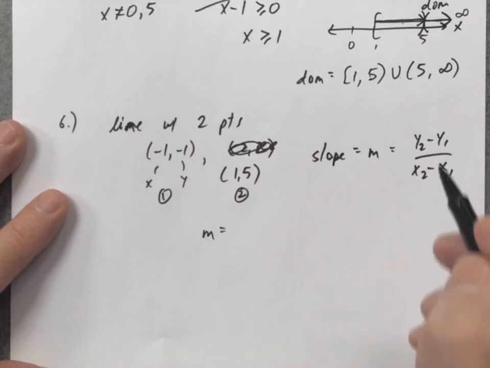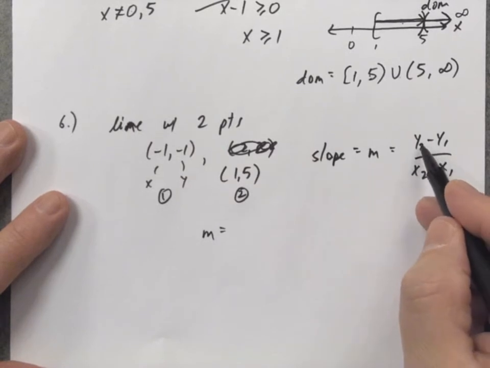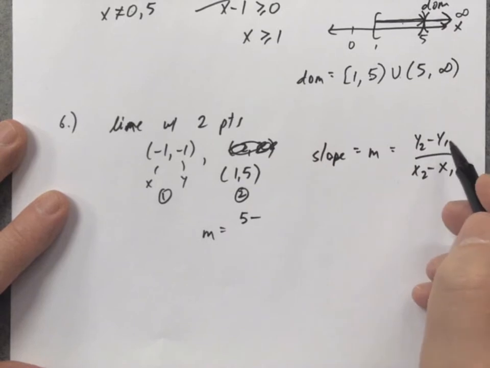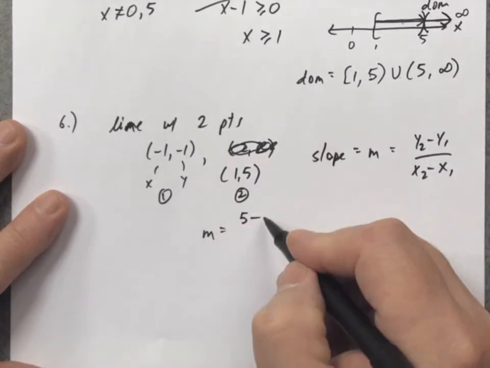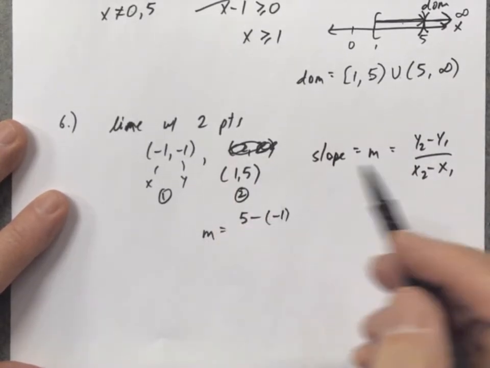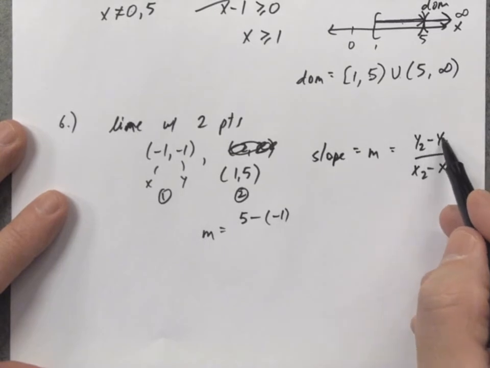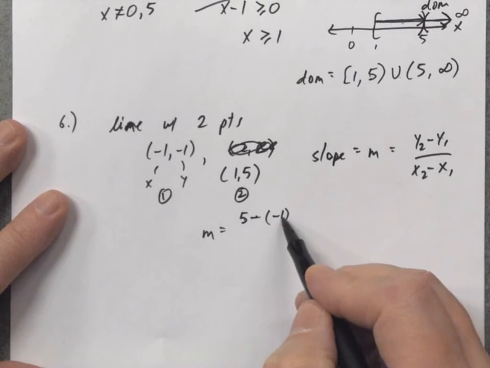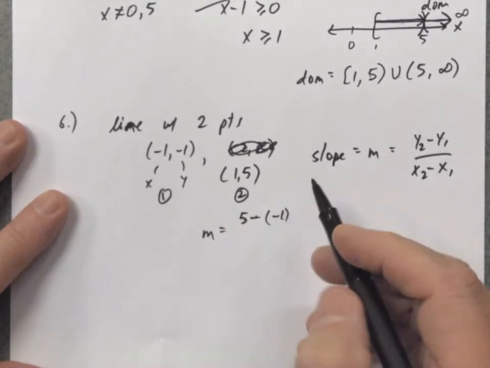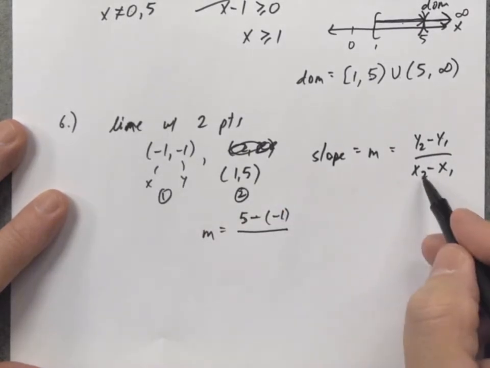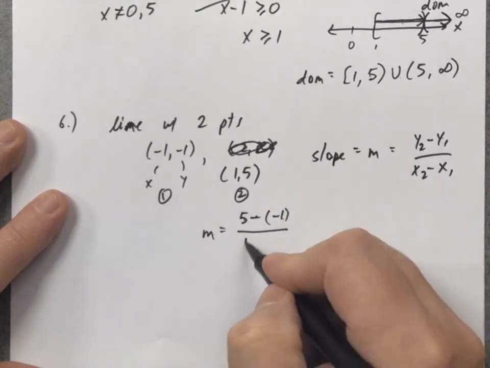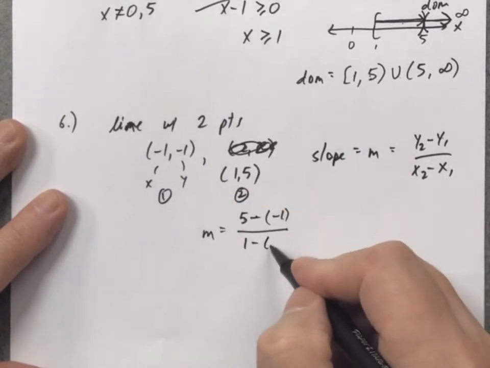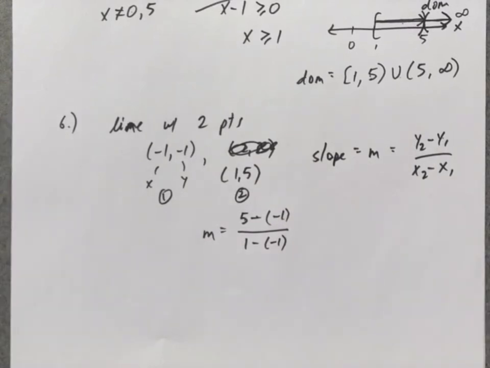So you simply say y of my second point, which is 5, minus y of my first point, which is negative 1. Be careful, it's y2 minus y1. So 5 minus negative 1, over x of my second point, which is 1, minus x of my first point, which once again is minus 1.